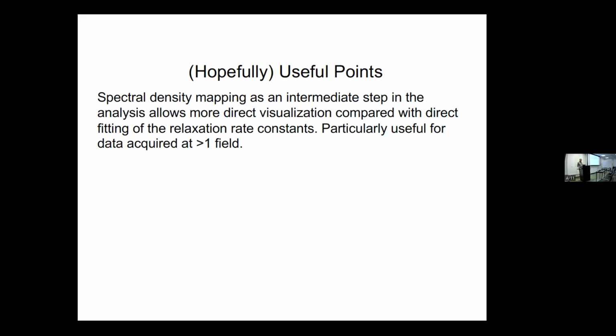So with some program, say the model-free program that my lab wrote, you tell the program the rates, and then it fits the model-free expressions to those rates. Of course, internally, it's calculating spectral densities, and then from the spectral densities, calculating the rates.